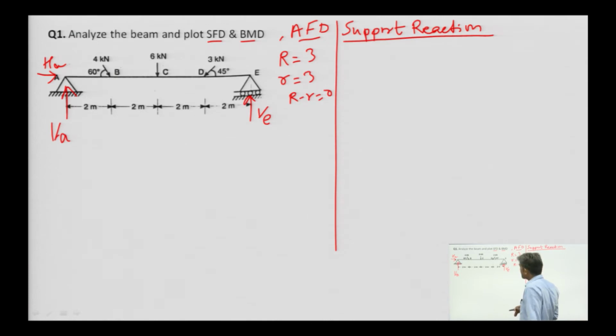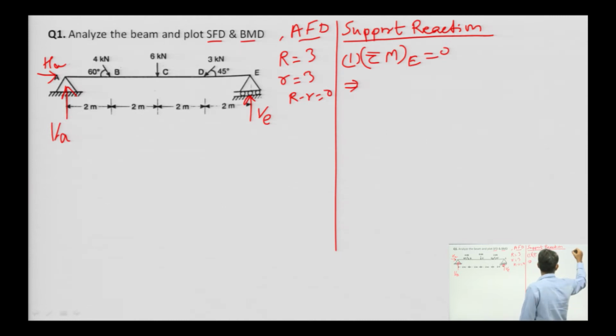For the support reactions, apply summation of bending moment about E equal to 0, then we will get the value of VA. In doing that, take any sign, either clockwise positive or anti-clockwise positive, it does not matter. But in plotting the bending moment diagram, that sign convention you need to prefer.